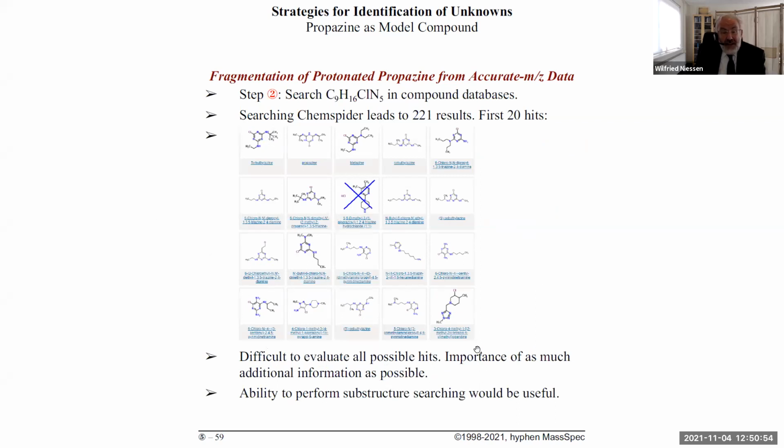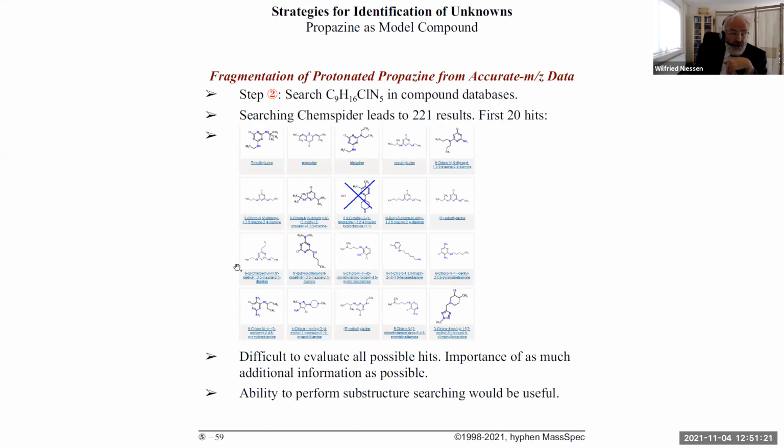So what I'm going to do is take off the hydrogen and search the database for structures, and again use the ChemSpider database. The main reason is because I can nicely give the data in a very easy way, and I get in total 221 hits for this elemental composition. On this page, I show the first 20 hits.